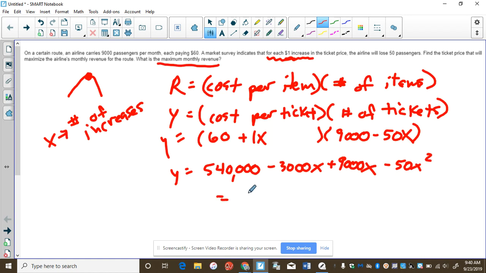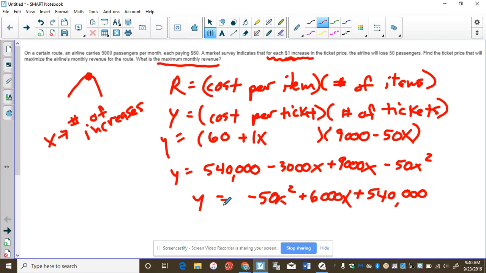If we clean this up, we get negative 50x squared plus 6,000x plus 540,000.